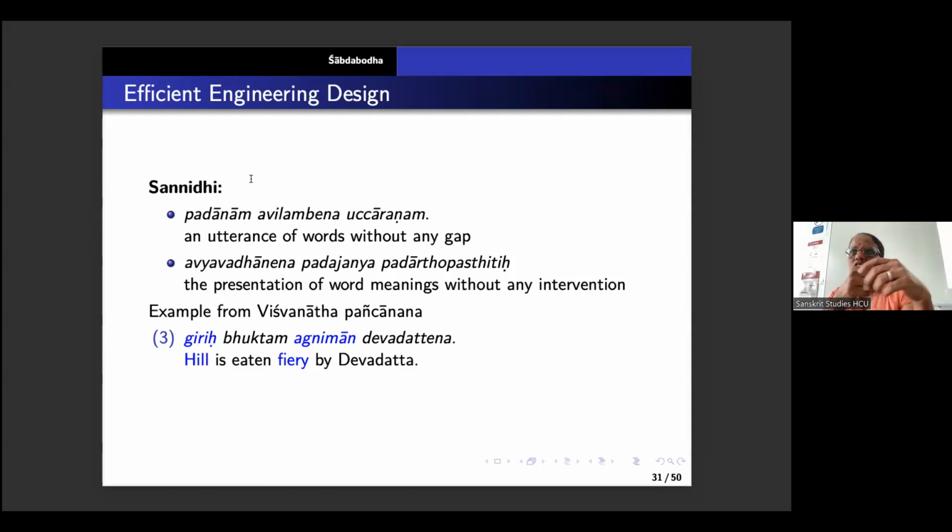The second is unilateral expectancy, where only one word has expectancy, the other does not. Such words can go far away, and there can be some intervention of other words. But when the words have mutual expectancy, they cannot be intervened. This is what sannidhi is saying. So there are certain cases where the words which are related can be far away, and there can be some insertions in between. Which are these words?